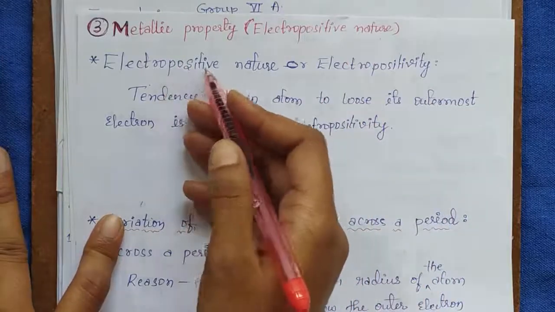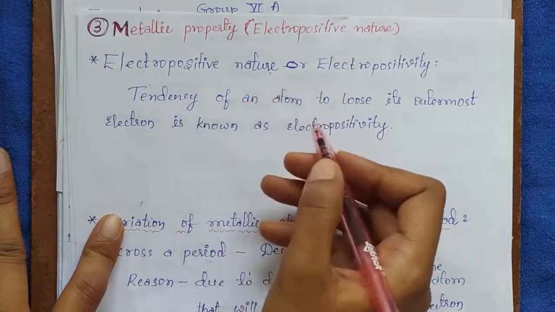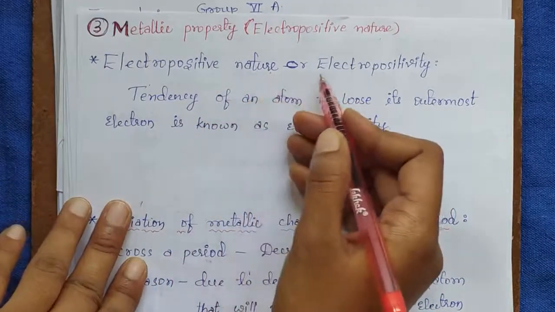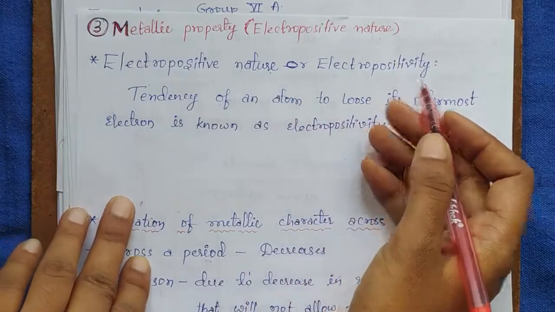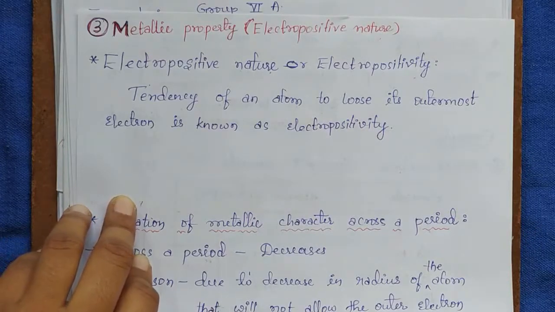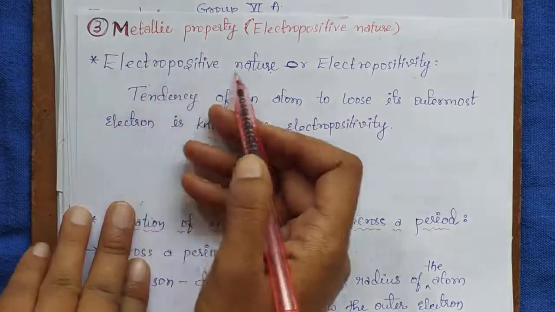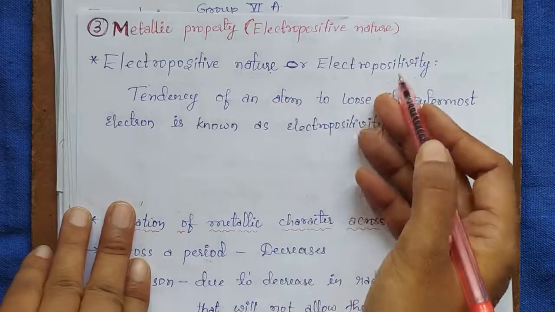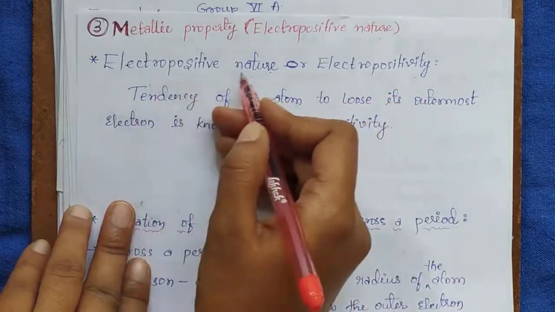These metals are electropositive in nature, or they are having electropositivity. Then what is electropositivity or electropositive nature?